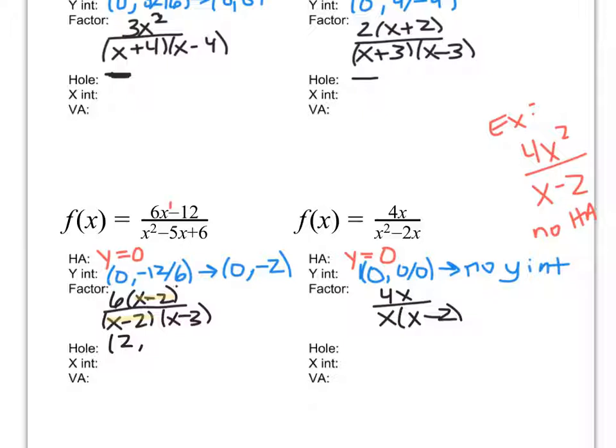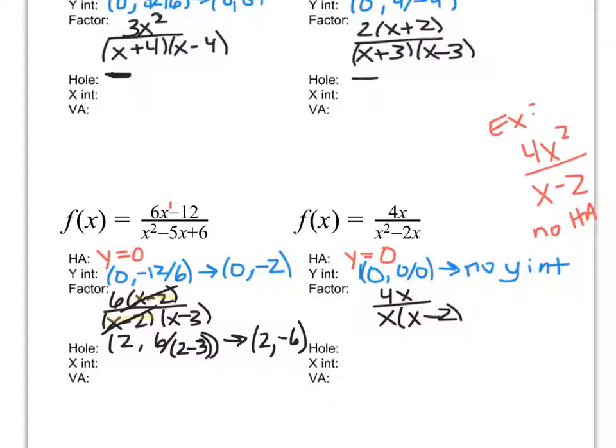Once I've identified my x value, I cross out that factor, and I plug in 2 to my equation that I have left. So 6 over 2 minus 3. So 2 minus 3 is negative 1, and 6 divided by negative 1 would be negative 6. So 2, negative 6.